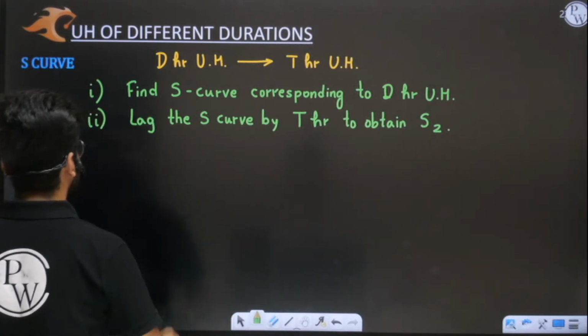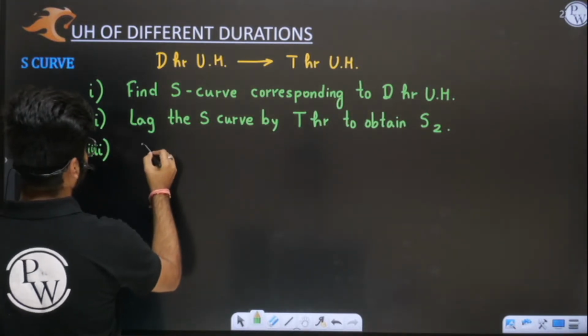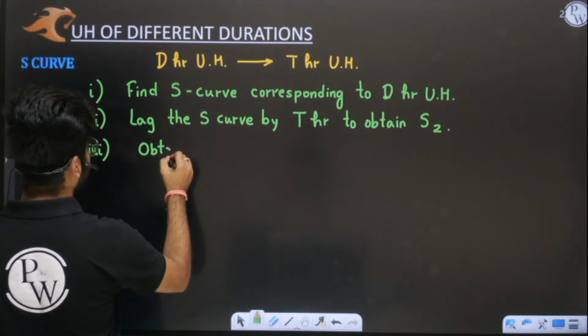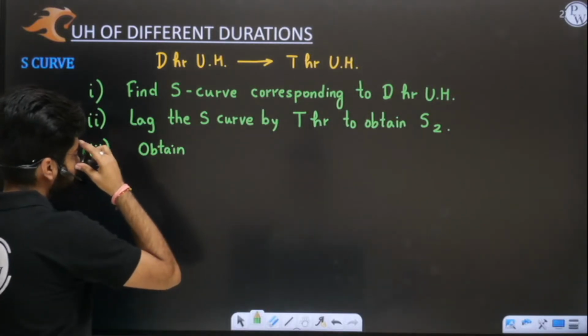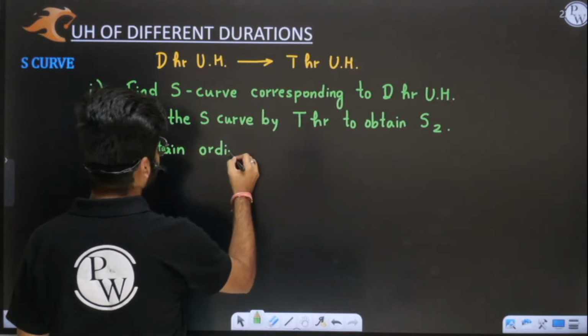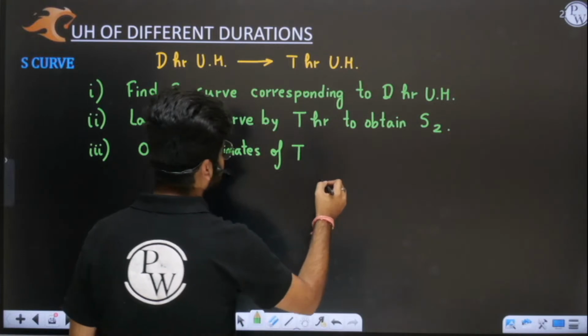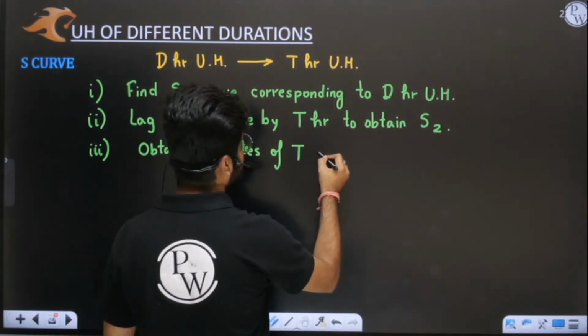Okay. So the third step is to obtain ordinates of the 12-hour graph. So this is TR.